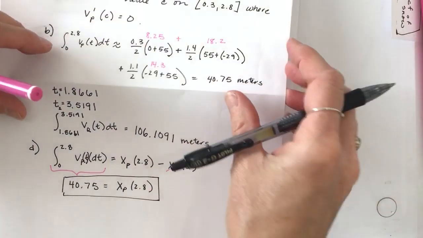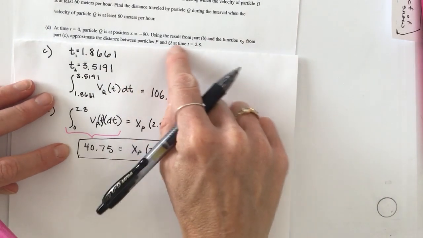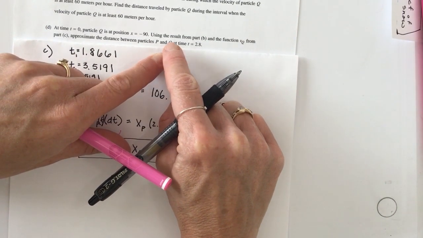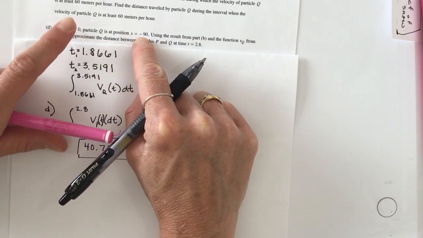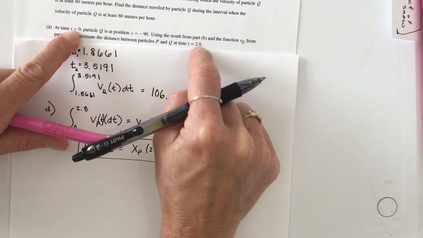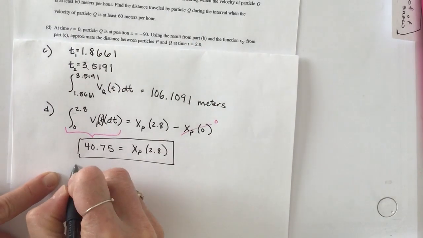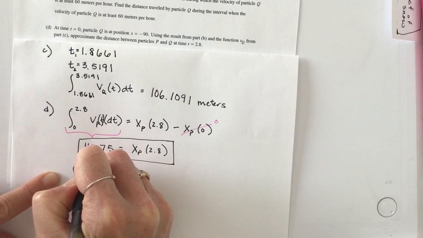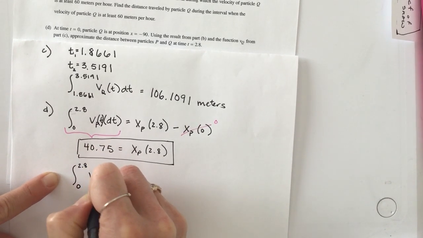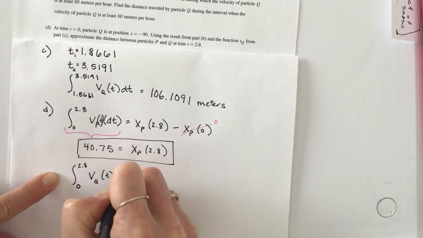Okay, now we're going to go back. So we found the position for particle P. Now we have to find the position for particle Q. And again, we're going to anti-derive from what we know to what we want to know. So now we're going to do from 0 to 2.8 VQ of t dt.